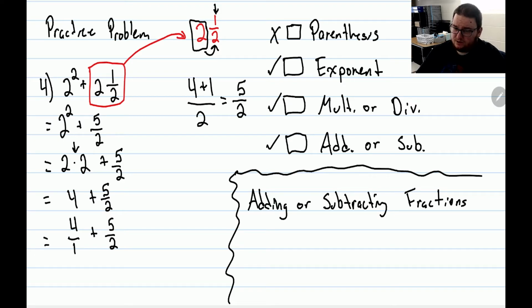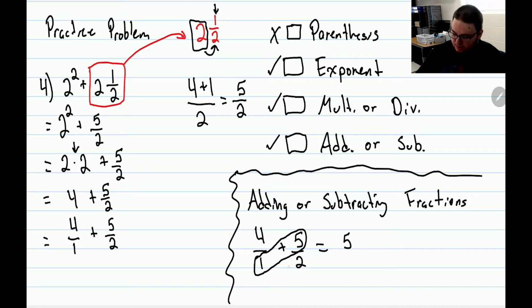So I'm going to use this example to show you the butterfly method. We have 4 over 1 plus 5 over 2. And in order to do this, we'll take the bottom of the first one and multiply it by the top of the second one. So what is 1 times 5? Well, you should say 5.